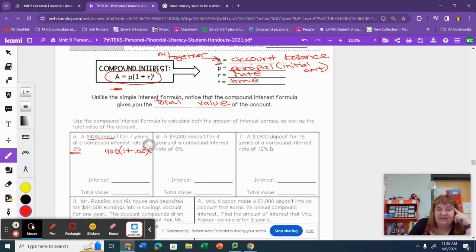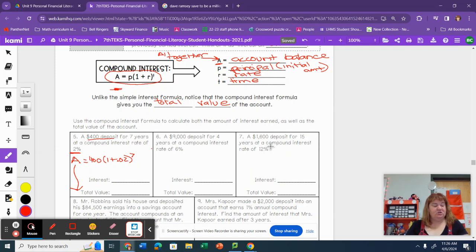And the 7, okay, I kind of wrote it wrong. Let me scoot it over. So 400 times 1 plus 0.02 to the 7th power. That's going to equal our all together. It's actually going to equal our total value.